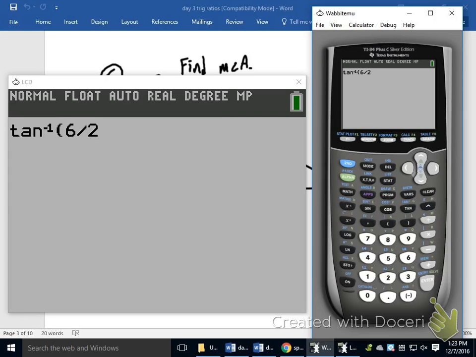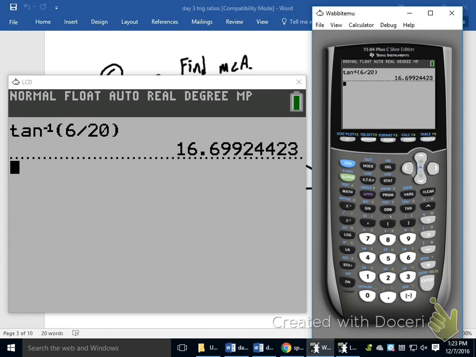Some people like to reduce that fraction first. It's fine if you don't. I'll get 16.7 degrees. I'm going to round to the nearest tenth just like I did on the previous problem. Just work off what the instructions say. If they want the nearest hundredth, this would be 16.70. If they wanted the nearest tenth, it'd be 16.7.